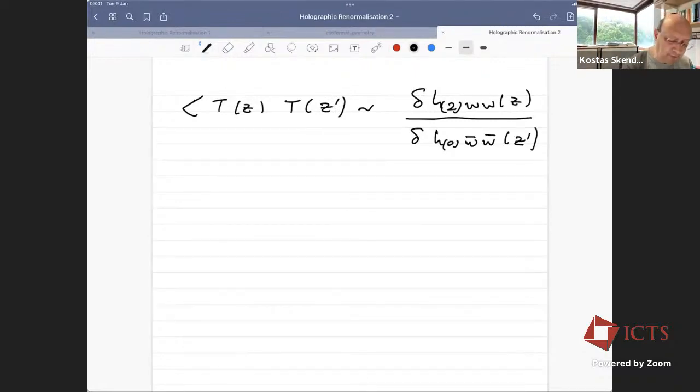Okay, so this means when I compute the linearized equations, I need to look at the piece that has components w, w bar, and I need to know the dependence of that on H naught with w bar conjugates.